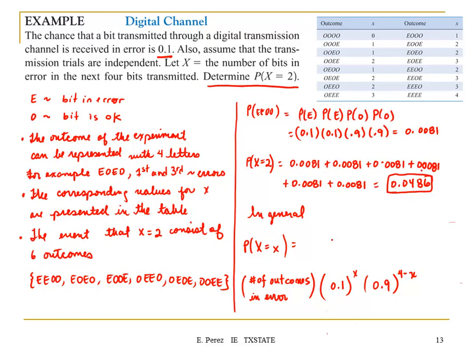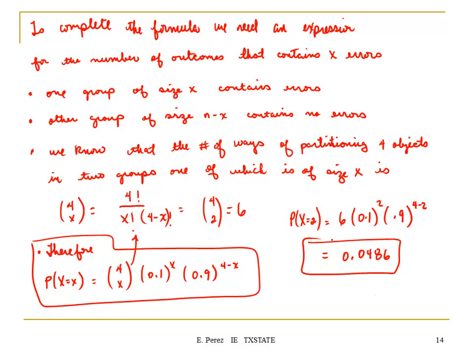Knowing those concepts, you list the outcomes, you find the value of the random variable, x, and based on the probability of one of those outcomes, you can get the probability of that random variable being equal to a number. So this is from the first part of this course. Now, you can do the same thing by knowing the binomial distribution.